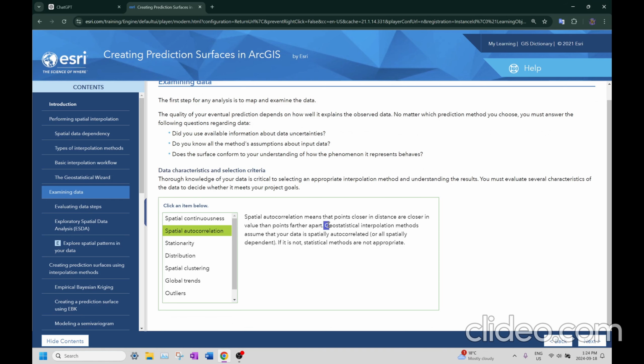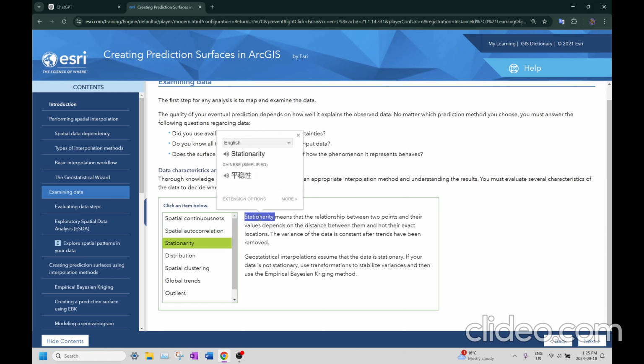Remember, geostatistical interpolation methods assume your data is spatially autocorrelated. Also remember, stationary means the relationship between two points and their values depends on the distance between them, but not their exact XY location. So you must make sure the interpolator assumes the data is stationary. If it's not stationary, apply a transformation to stabilize variance and then use EBK.